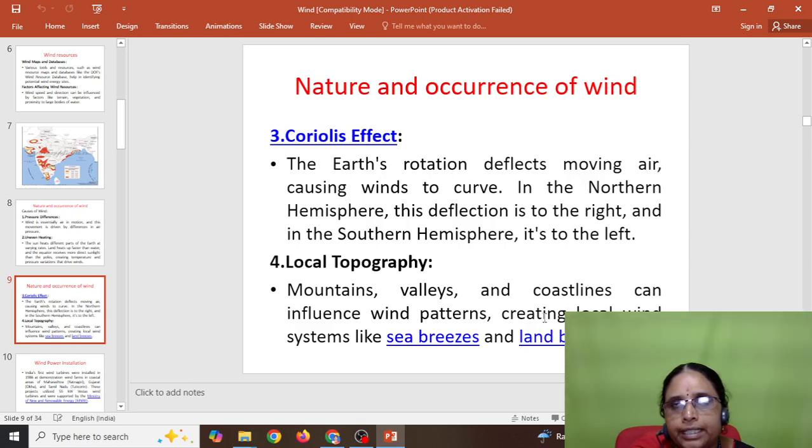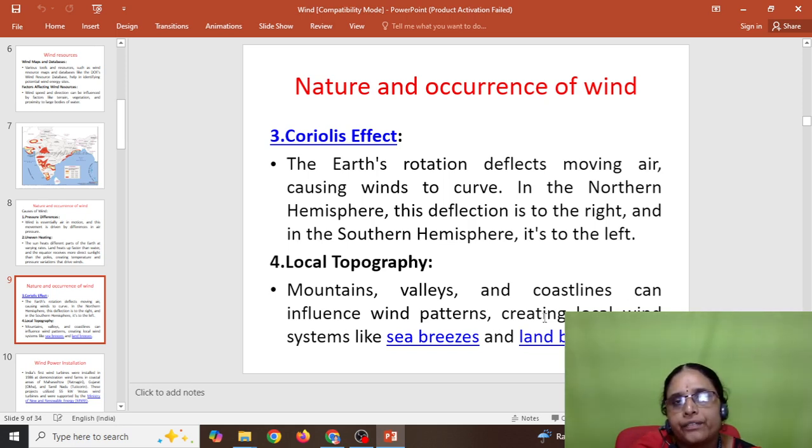As we know, the earth is rotating on its axis and also rotating around the sun. So the earth's rotation deflects moving air, causing winds to curve. In the northern hemisphere this deflection is to the right, and in the southern hemisphere it is to the left. So the Coriolis effect produces the curved nature of wind.